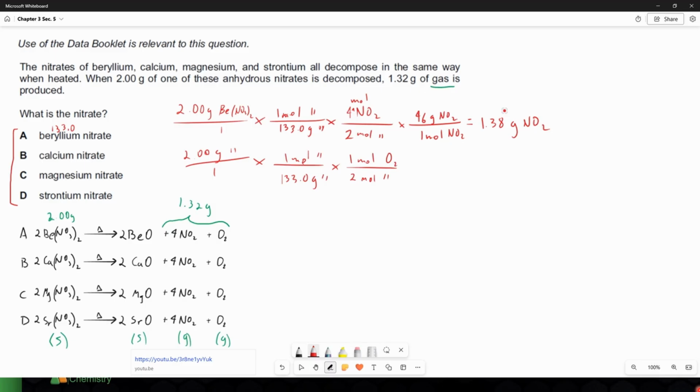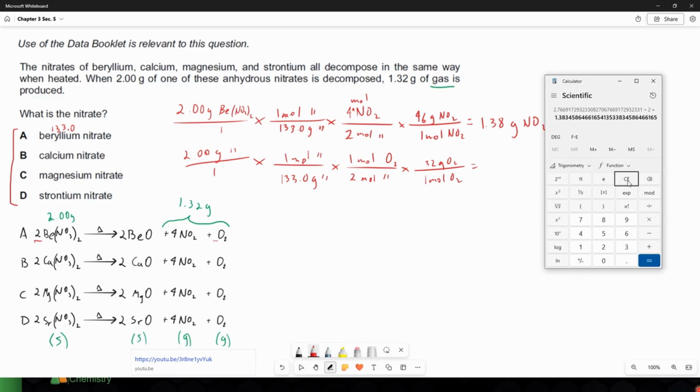Again, that comes from the coefficients in the equation. And then the molar mass of O2 is that 1 mole of O2 is equal to 32 grams of O2. So if we did that, that's 2 times 32 divided by 133 divided by 2. That is 0.24 grams of oxygen.